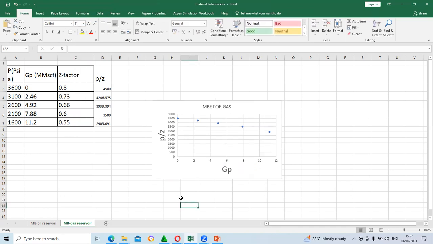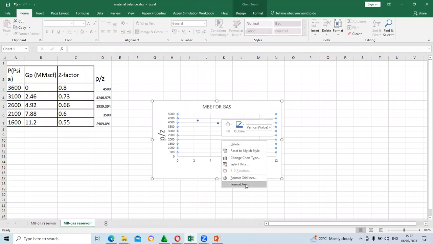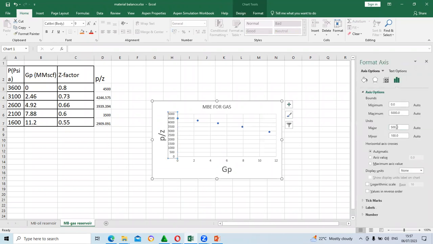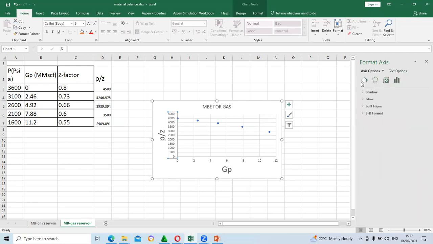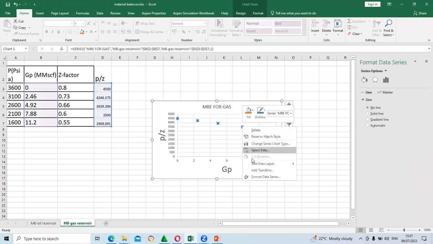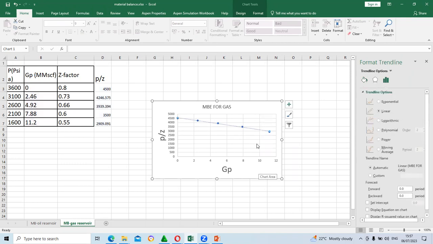All right. So that's our graph of P over Z against the GP. I could just add a trend line. So I'll go to format axis. I just click a point, highlight, and then I'll see add trend line. I'll add a trend line there. So that's a straight line. I can format the line.